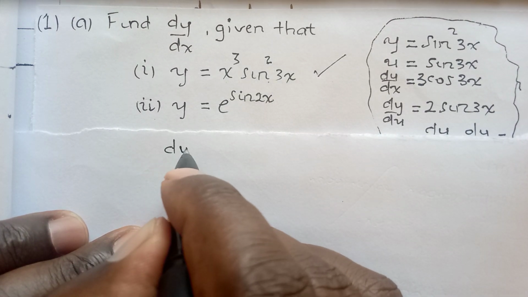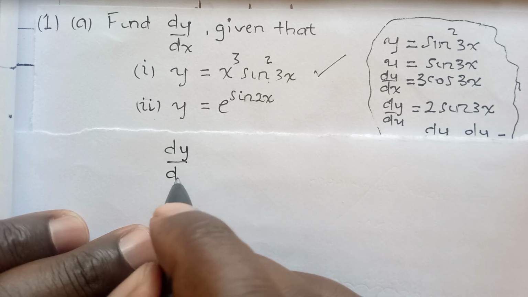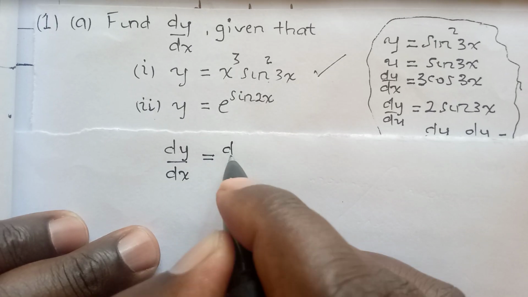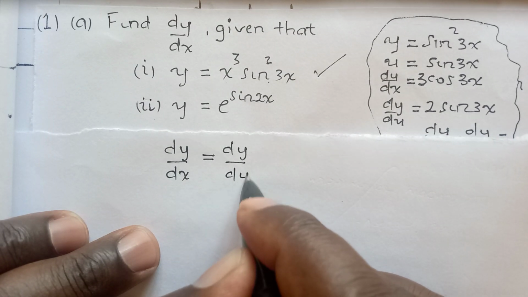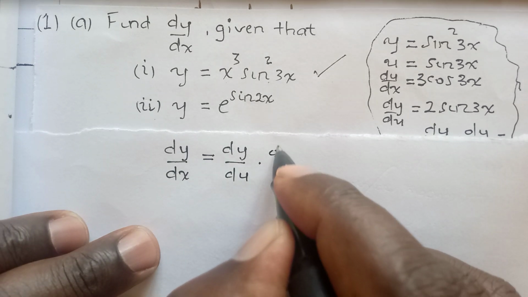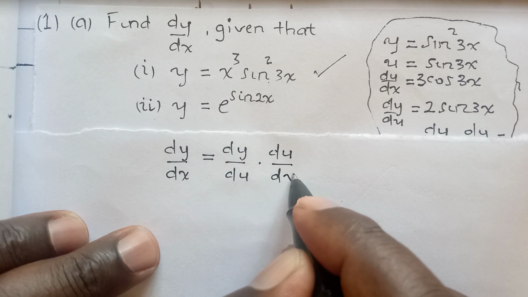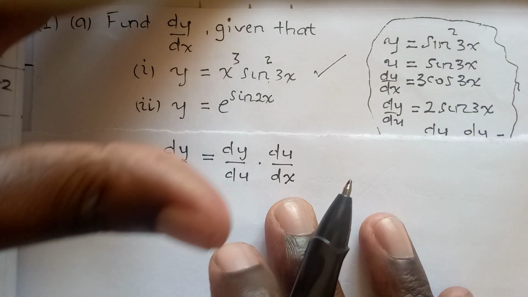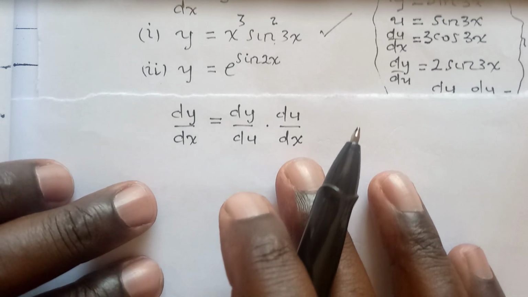dy all over dx, this one is equal to dy du multiplied by du dx. That is the chain rule. So coming to our question, this is how we approach it.